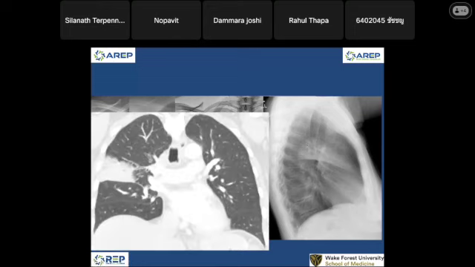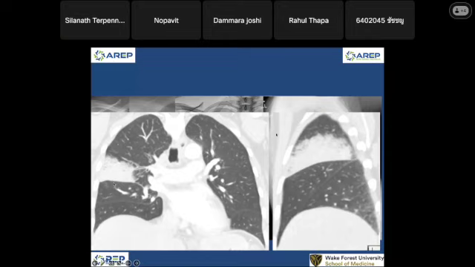See that? This is my fissure, and on CT lateral, this is my fissure. So the whole thing is in the right upper lobe. You were right at the beginning, but when we do chest radiograph, the beam is coming from the front, so you are seeing part of the inferior part of the right upper lobe that is overlapping with the right middle lobe. Okay, you're correct at the beginning.